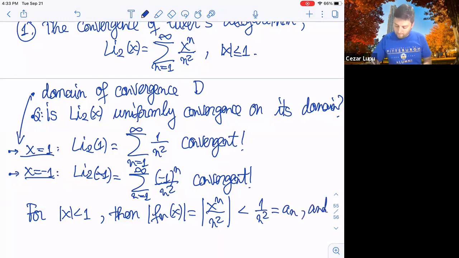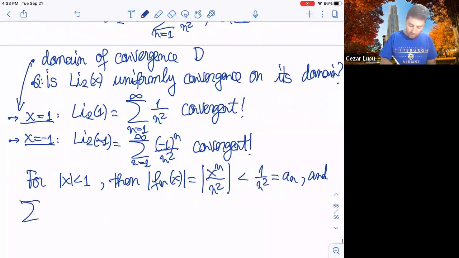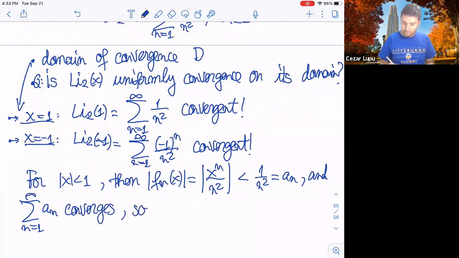And also, the series of a_n converges. So I don't have any problems. Well, it is uniformly convergent.